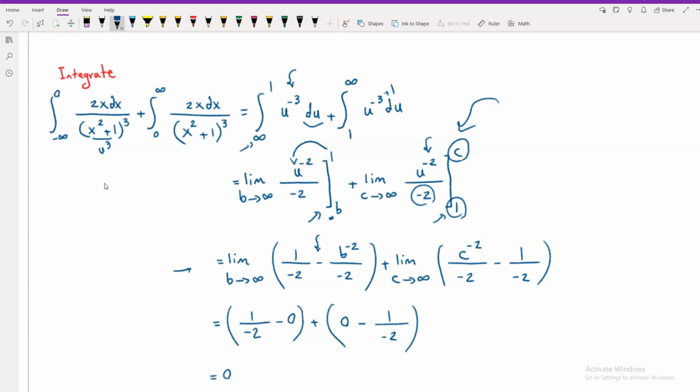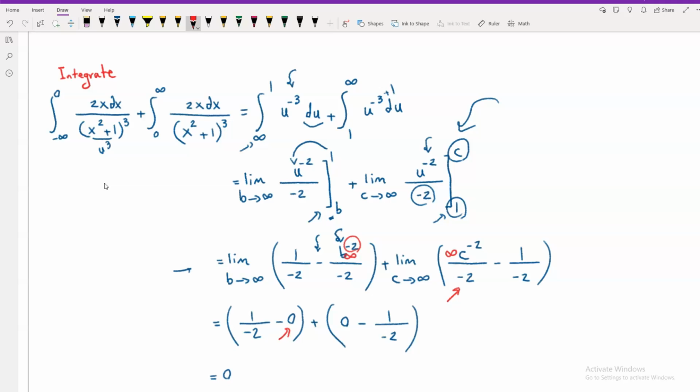So the answer that we have here, we have 1 over negative 2 minus, instead of b using positive infinity. Here the power is negative 2, so move that to the denominator. We're going to have 1 over infinity. 1 divided by infinity is equal to 0. And then on this part, again, c approaches infinity. We have infinity, and the power is negative.